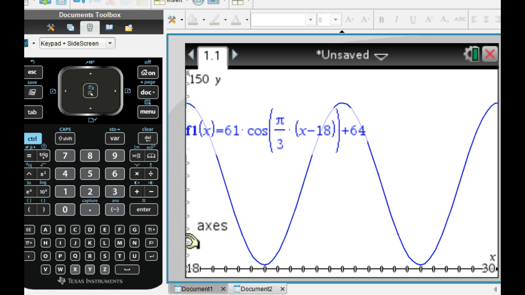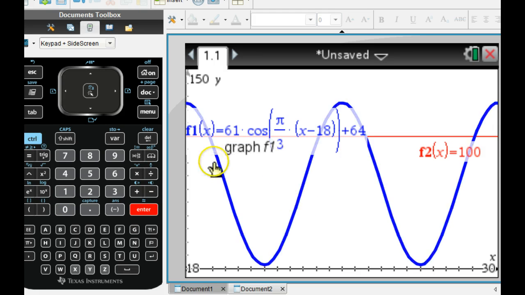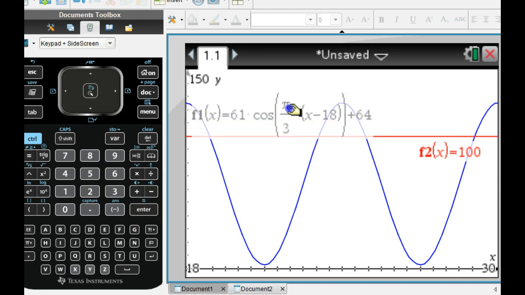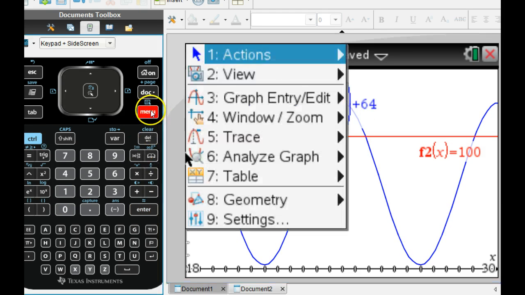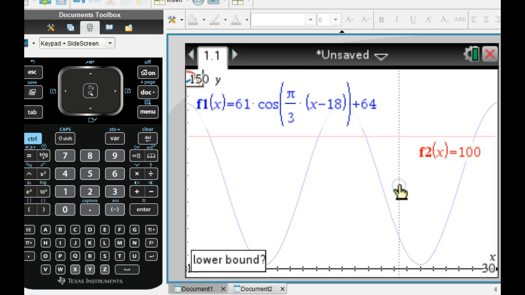Now to see when I'm 100 feet off the ground, I can go Control G and just type in 100. There we go. And so now I have these two graphs, and then I just go Menu, Analyze Graph, and I want to do the intersection.